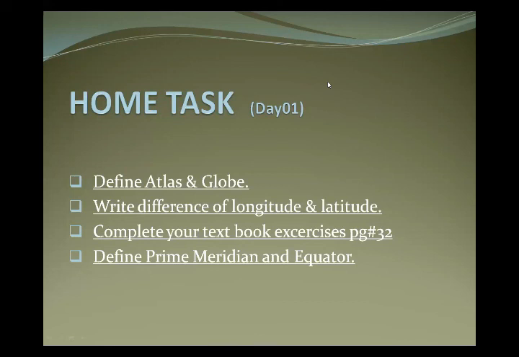Now, second is atlas. An atlas is a collection of maps. It is typically a bundle of maps of Earth or of a region of Earth. Atlases have traditionally been bound in book form, but today many atlases are in multimedia formats, in addition to presenting geographic features and political boundaries. In short, an atlas is a book, a collection of maps, and tells us about the location and places of the country's physical features, climate maps, etc.